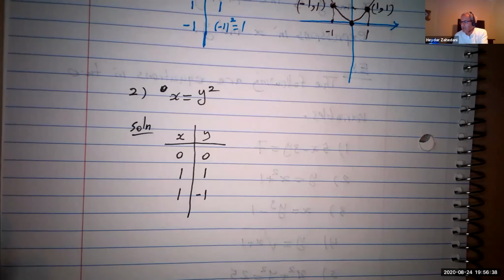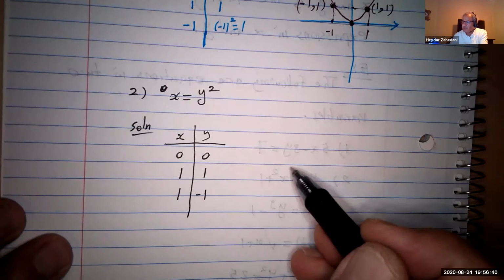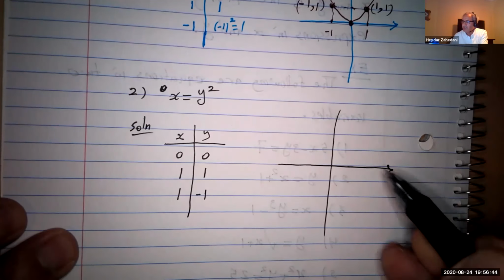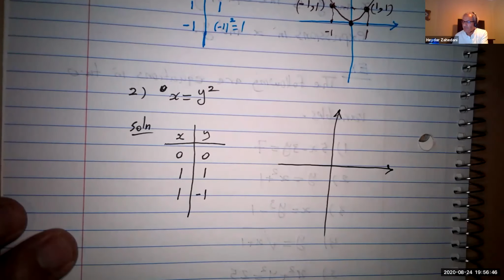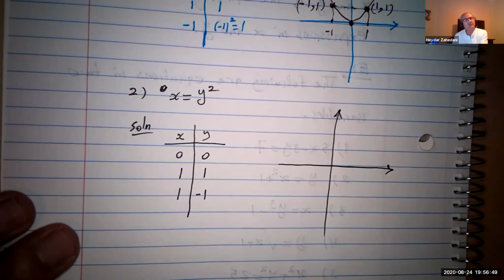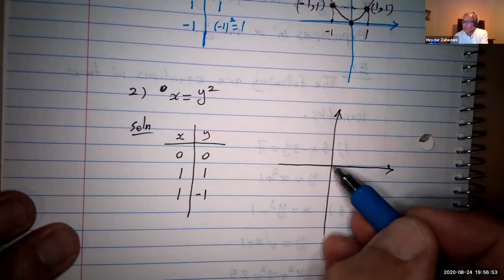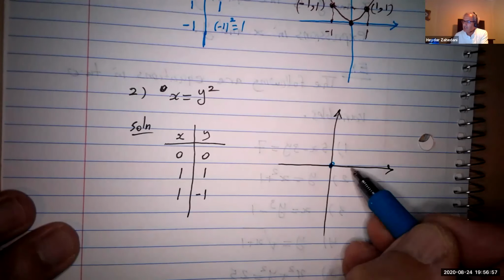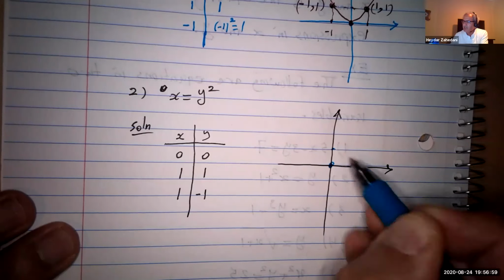Now let's graph this one to see what we are going to have this time. Okay, so we have the (0, 0). So this is going to be (0, 0). So we have (1, 1) again. This is a 1 and this is 1.